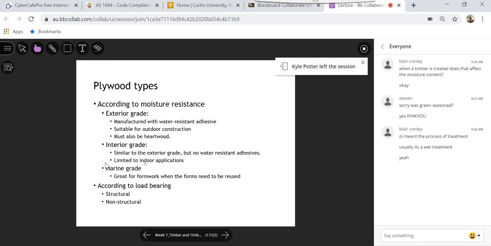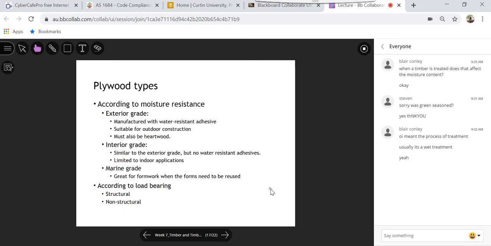Another grade is marine grade, which is like an enhanced version of exterior grade. Marine grade is very good when we do formwork, especially when we want to reuse them several times, because marine grade has even greater resistance to moisture.